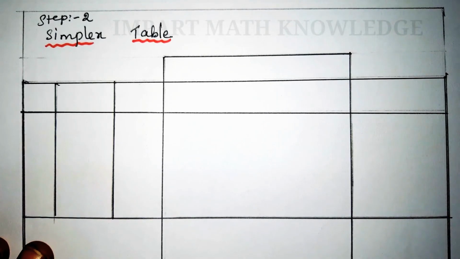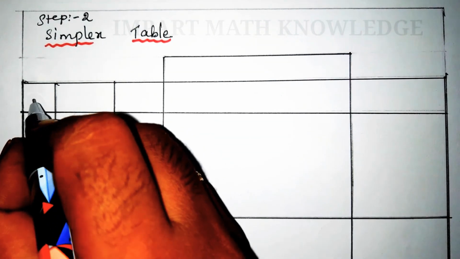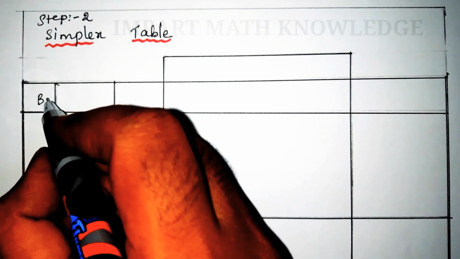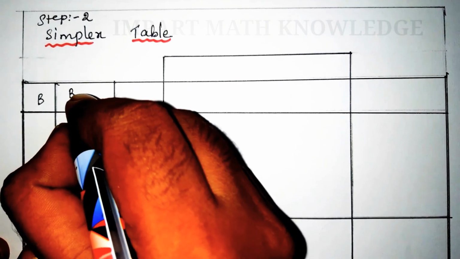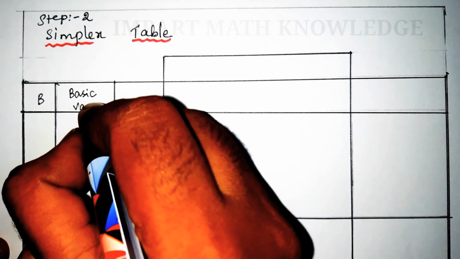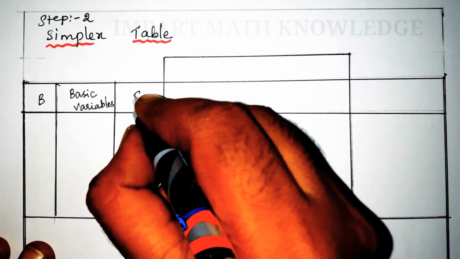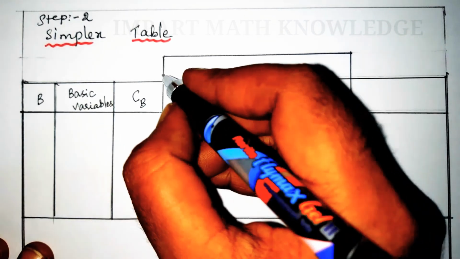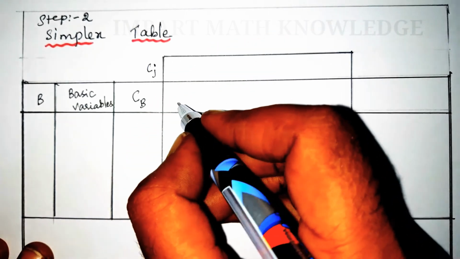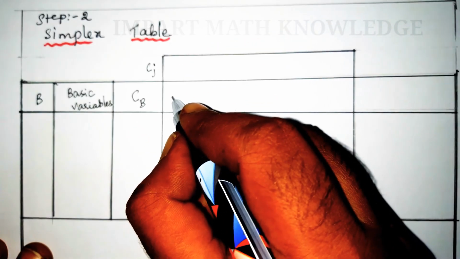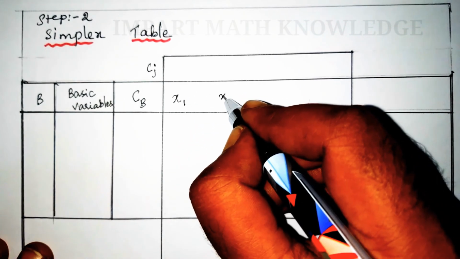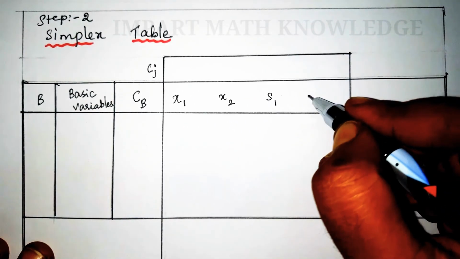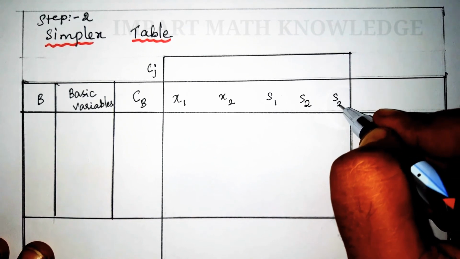Step 2 is find the optimum value using simplex table. Now the first one is B, right hand side constants, basic variables, and CB. CB is nothing but the cost for that particular variables. Now here you write Cj, and here you write all the variables in the problem, that is x1, x2, s1, s2, s3.